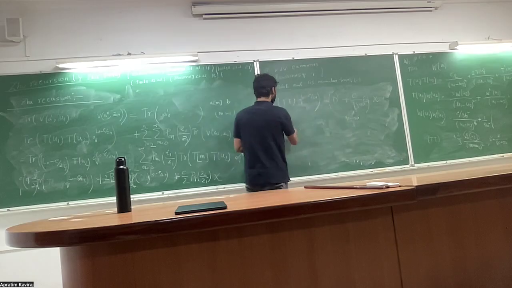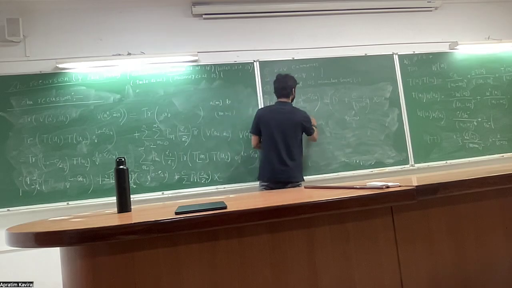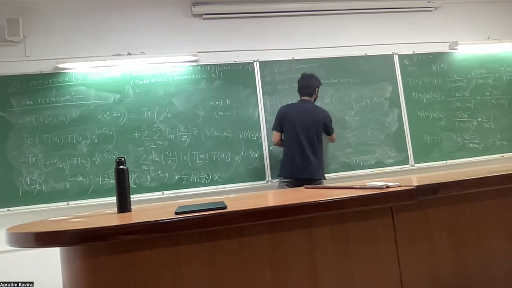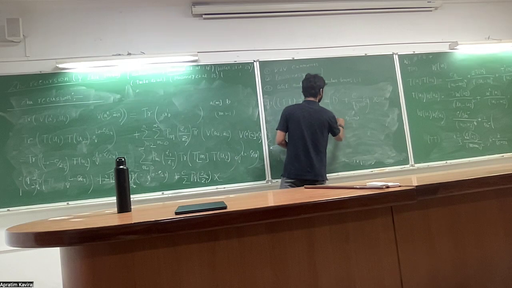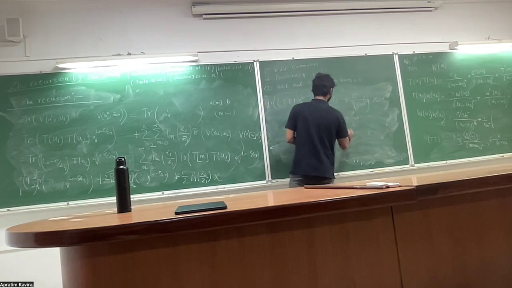If you take q tends to 0 limit, you get h square minus c by 12 plus 5c plus 22.